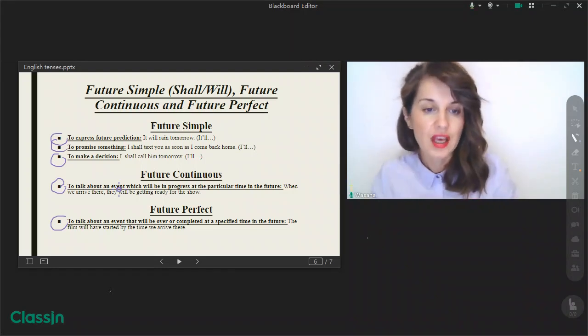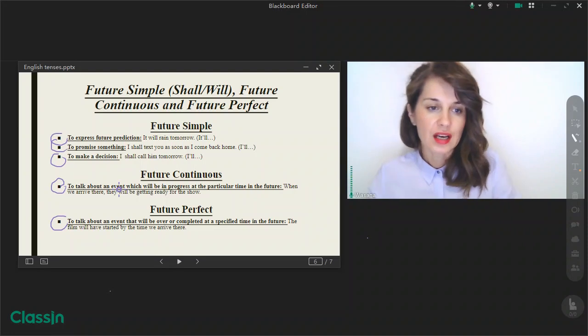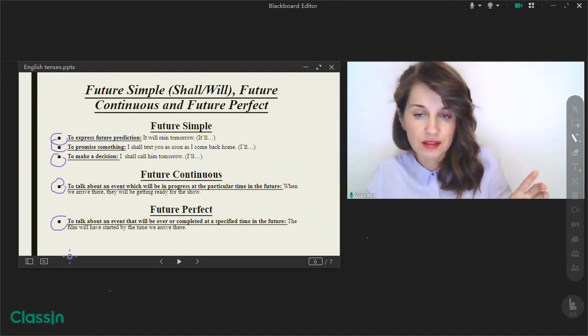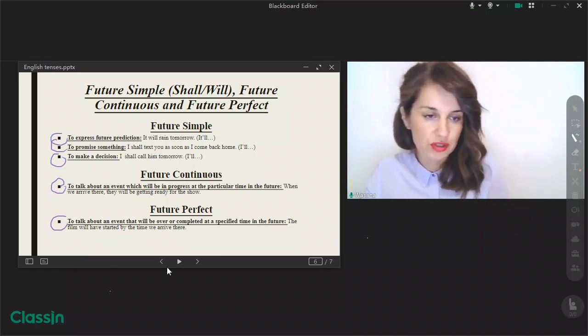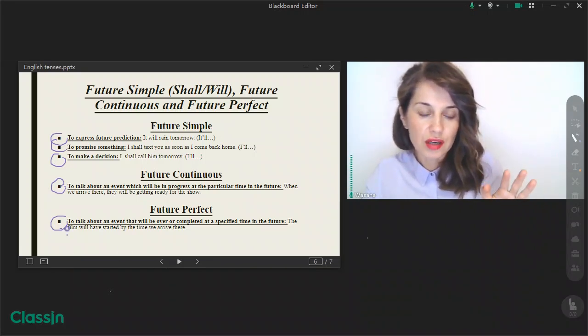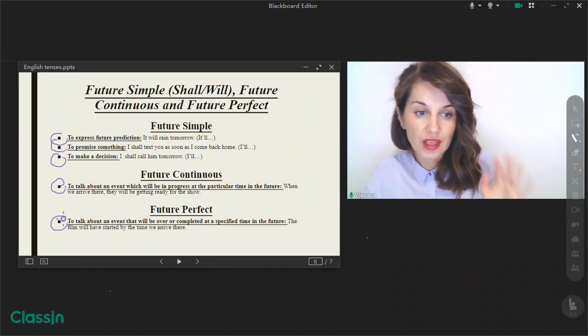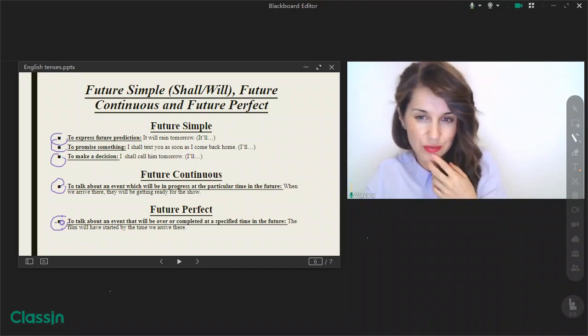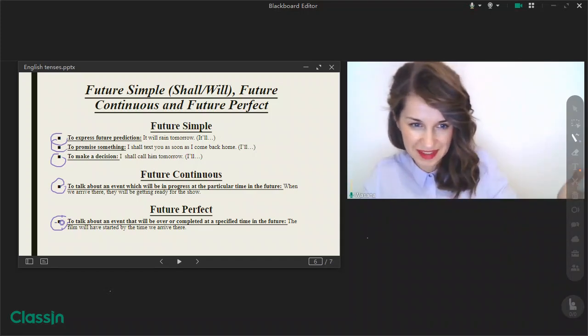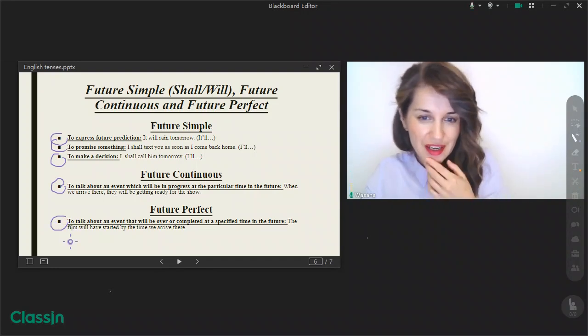Future perfect. We use it to talk about an event, in my opinion an even more abstract concept than future continuous, an event that will be over or completed at a specific time in the future. Let's see an example. I hope this will make future perfect easier.